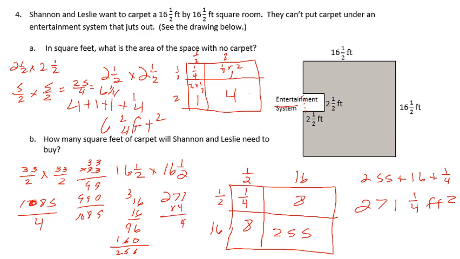And since we have the 272 over here, let's try that. 272 times 4 is 1088. So we can see it would be 272 and 1/4 left, so it does check out.